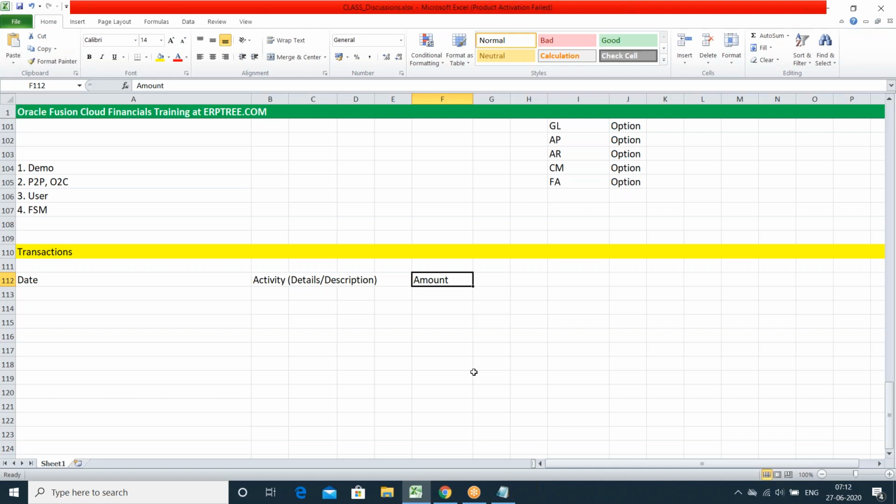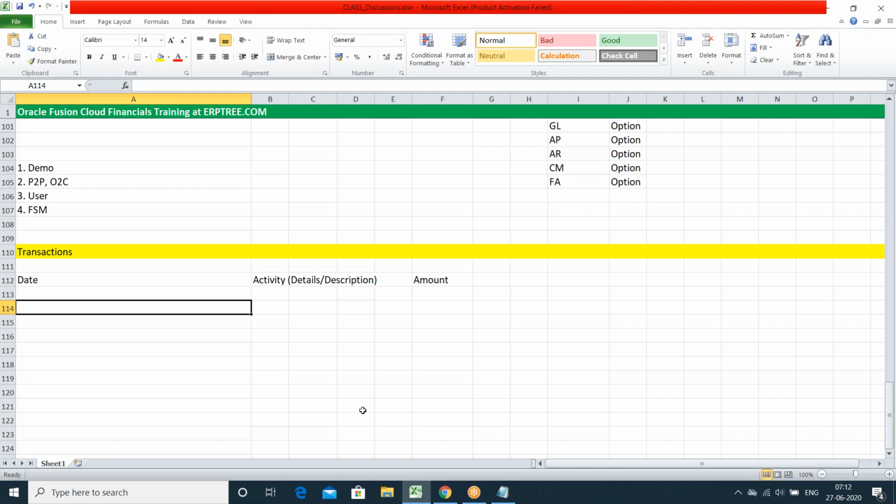Now, when we are creating the transactions in our application, you have to keep this information ready in the system, so that when you are recording the transaction, by using that information, we can easily record the transactions. So first we will see how we can keep the date information ready in the system.